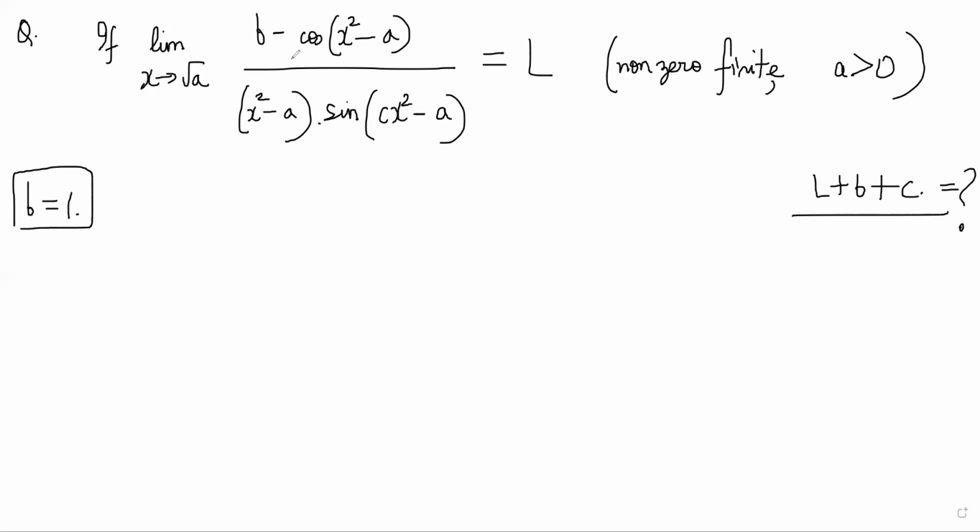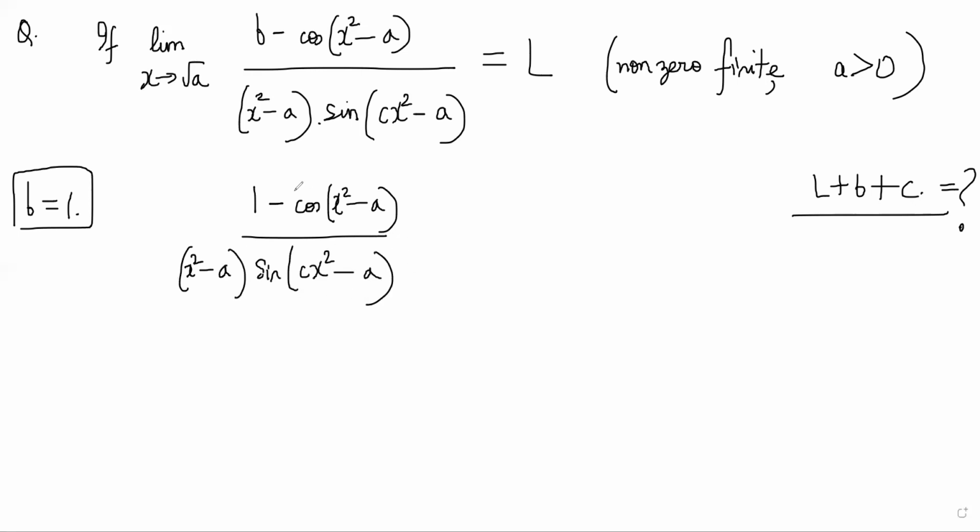So first of all, from there only we realize that b has to be 1, because then only you will have 0 by 0 form. Now let's say b is 1. So 1 minus cos of (x square minus a) by sin(x square minus a) into sin of c(x square minus a), right?